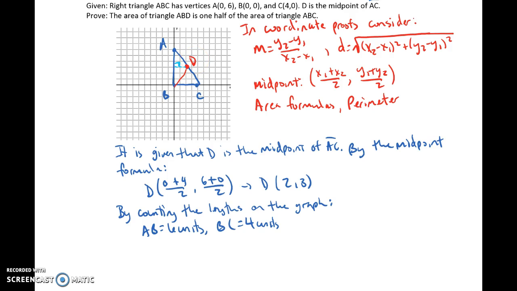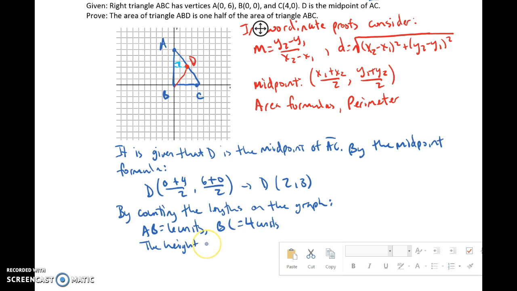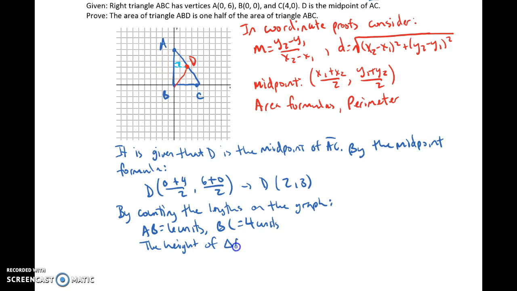So for the other triangle, I need to find the height of triangle ABD. And if you want to add another point there and name it, that's fine. But then I just have to count out that too.